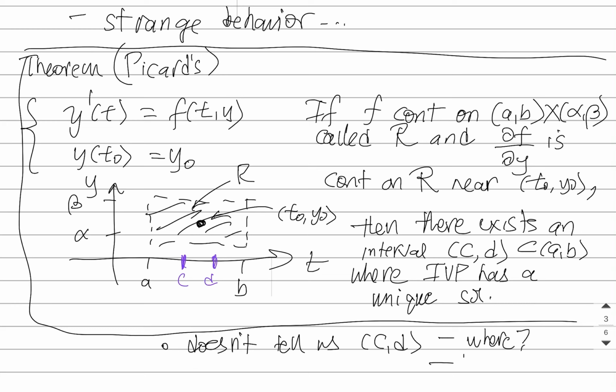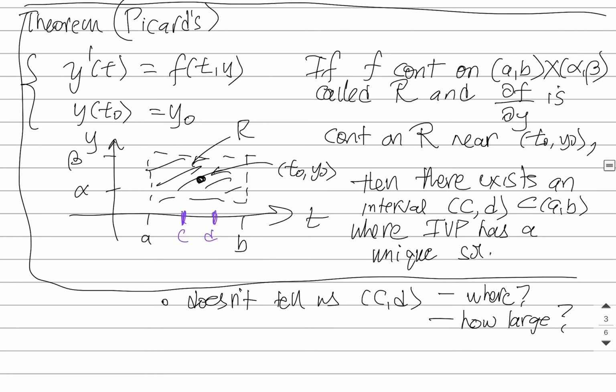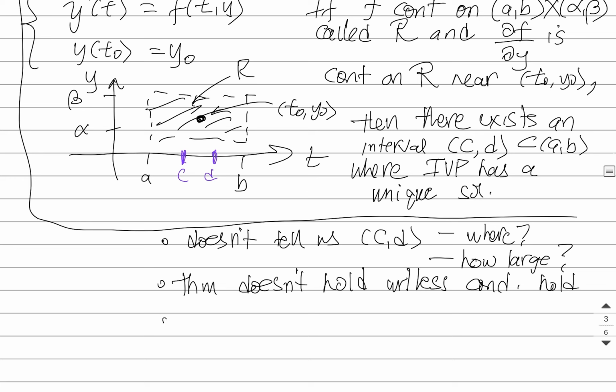We don't know how large it is. And if we violate any of the conditions, the theorem doesn't hold, unless the conditions hold, obviously. And then the other thing is the DE can still do strange things.